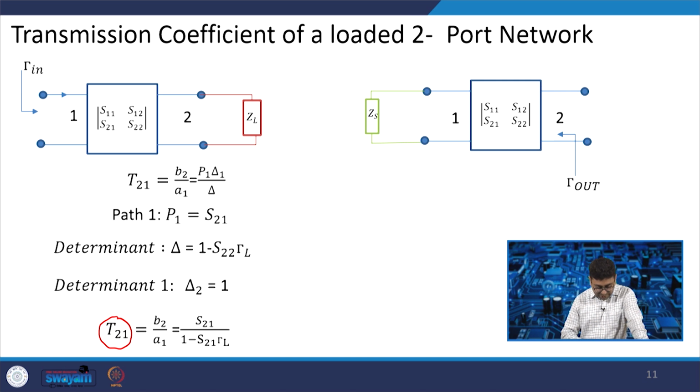In order to get T21, which is equal to B2 by A1, you need to make the signal flow graph. Once you have made the signal flow graph, you can find out how many paths and how many loops are there.